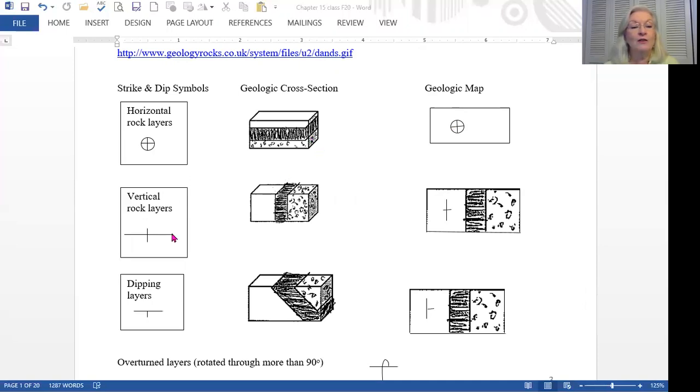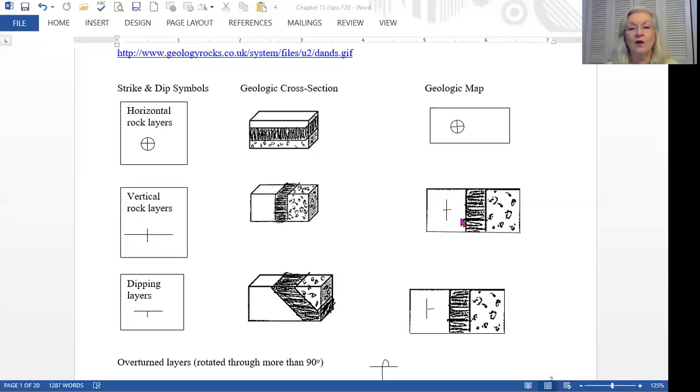If you have vertical layers, it's a long skinny line and a short cross piece. Depending on how it's tilted, some people think it looks like a cross, some people think it looks like a plus sign, whatever. So here is a cross section with the vertical layers. And here is the strike and dip symbol.